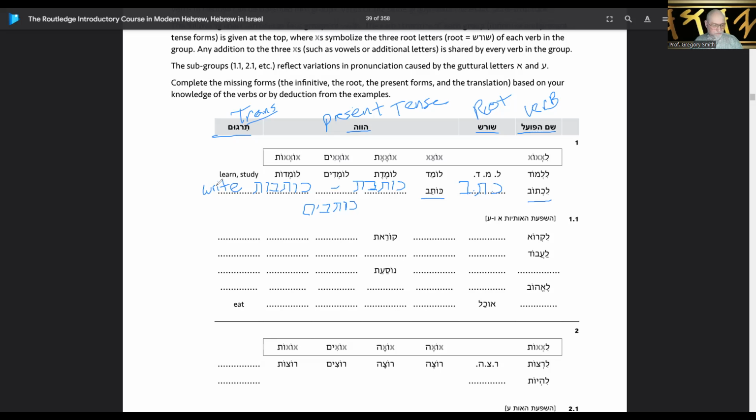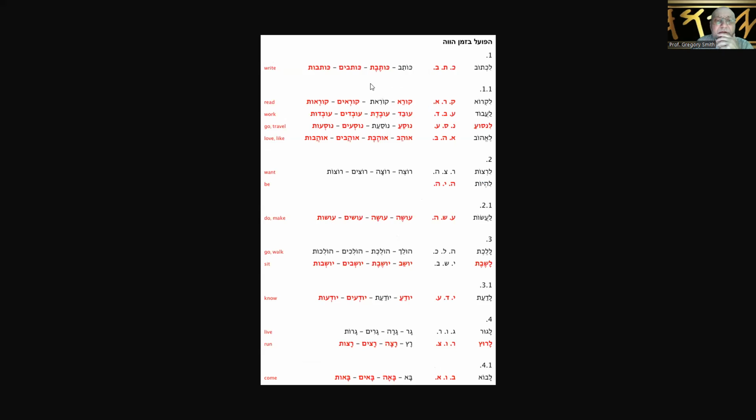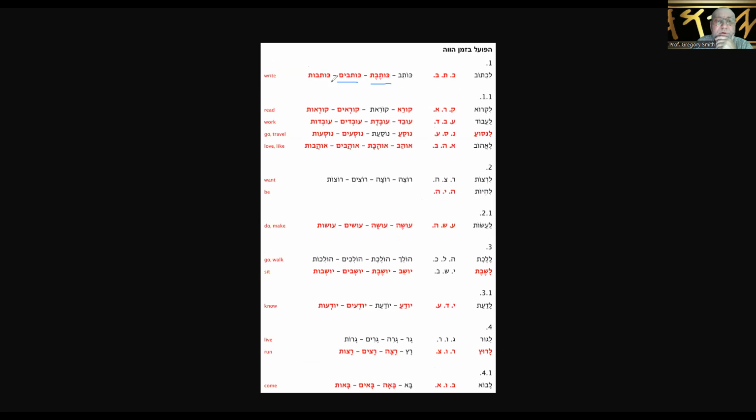Well, let's see what it looks like. Okay, so that's right. So we have kotevet, right there. Kotvim, kotvot, and right. So these four forms would be like he did something, she did something, they did something, all feminine. So you've got the masculine and mixed, and you've got the feminine form of plural in Hebrew.